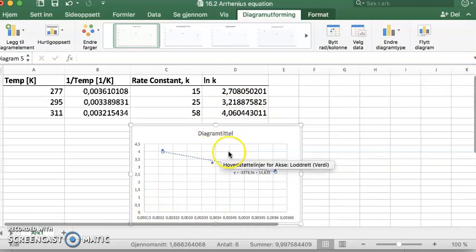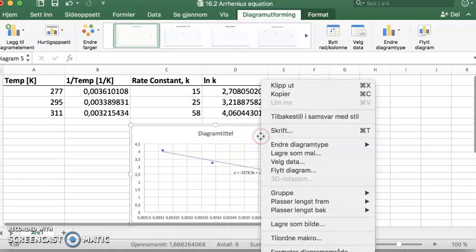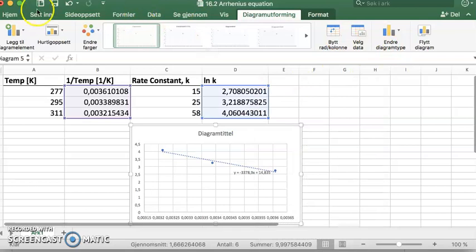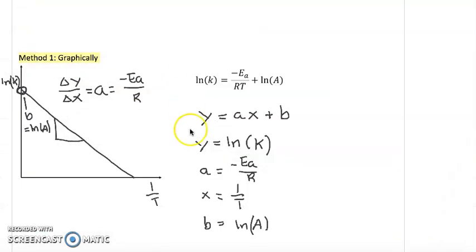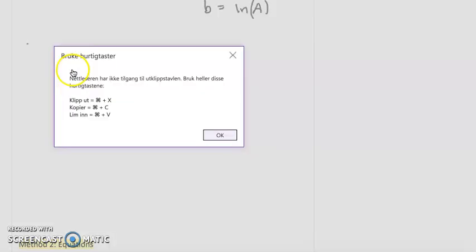So now we have made the plot. We want to copy this, and we bring this down here so we can do some calculations. Just a moment, we need to get it in here.